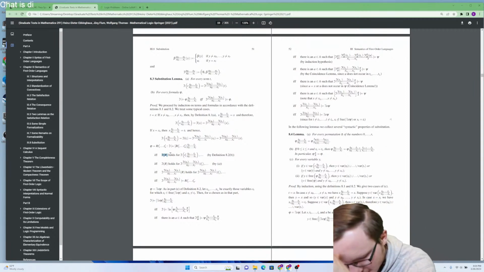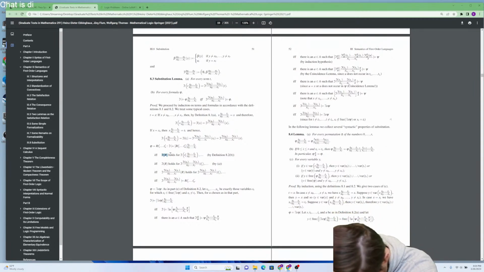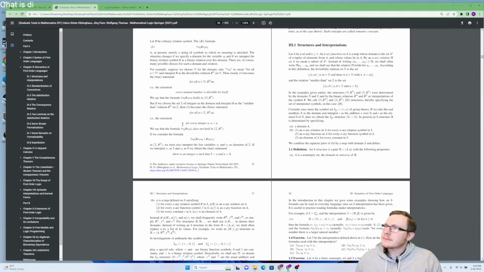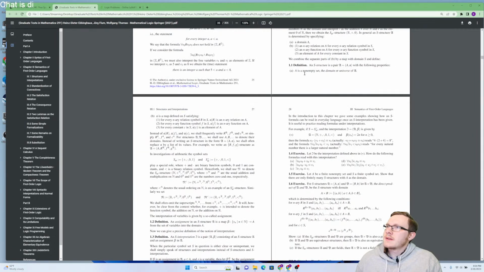Okay, so an interpretation is a pair. But it's not a map, is it a map? So I understand the idea of a structure.